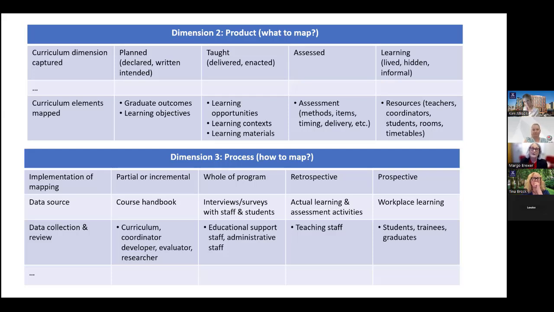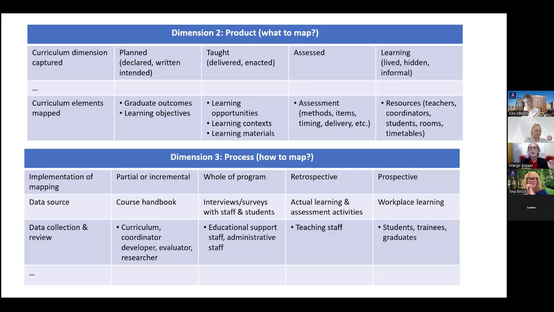And then we're thinking about the process. How are we going to map it? Is it going to be a partial look at elements of the curriculum, or the whole program? Is it going to be retrospective or prospective? What data sources are we going to use? How are we going to collect and review the data, from whom?